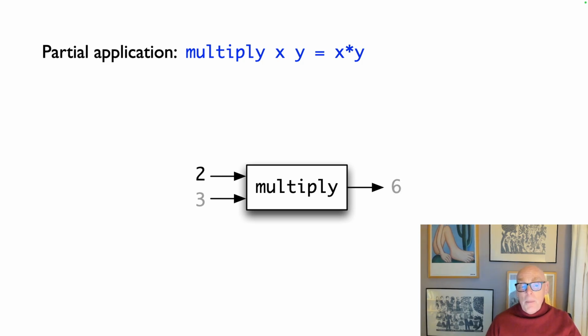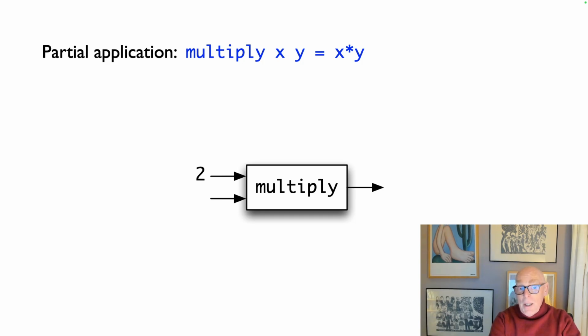But what happens if we just apply it to one argument, 2? What you can see we're left with is something that's waiting for another argument and can then give a result. So it's the function that takes the argument y to the result 2 times y.